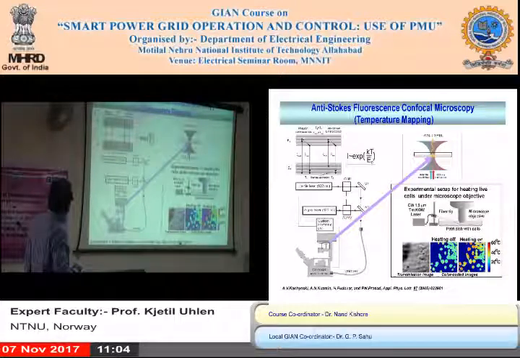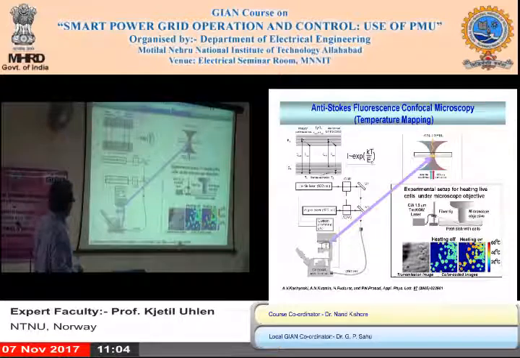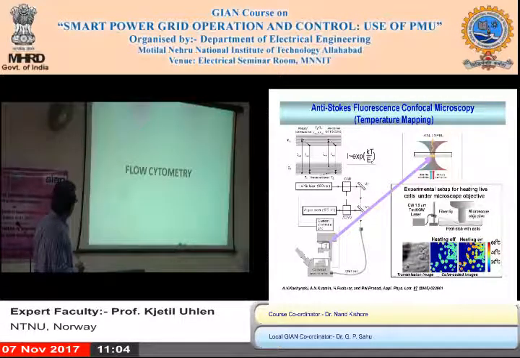So if we take the ratio of these two fluorescence intensities, one excited by the higher energy photon, one excited by the lower energy photon, then we can get the Boltzmann factor, the thermal population of this, and from the thermal population you can measure temperature. So we use this probe to measure the temperature of cells. So these are some examples of how you can design dyes. We can talk about other dyes also if you wish.